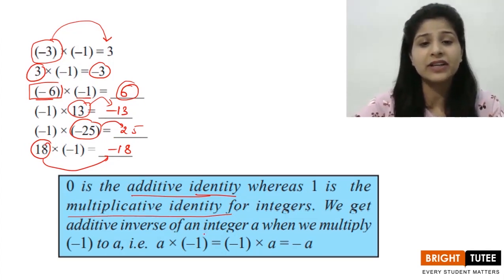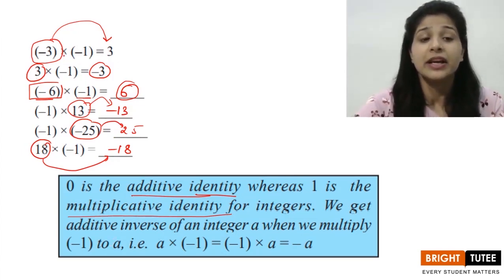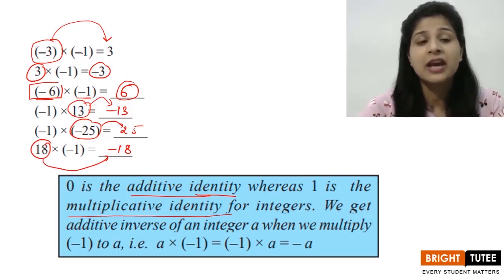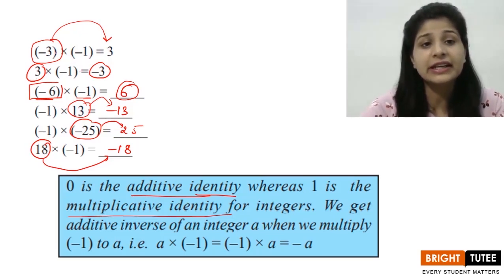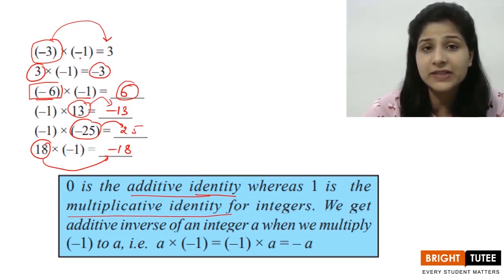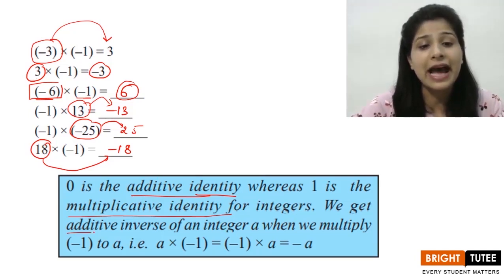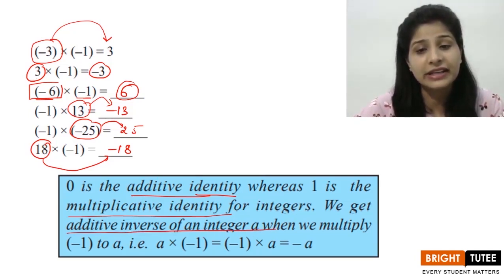We get additive inverse of an integer a when we multiply minus 1 to a. Just see, if we are multiplying the integers with the negative of 1, with negative 1, what we are getting? The additive inverse, like the sign is getting changed of the number. So we can call minus 1 not the multiplicative identity, but the additive inverse of an integer a.